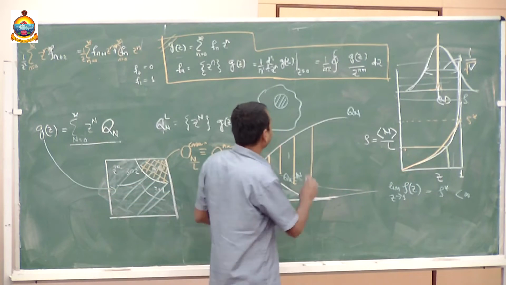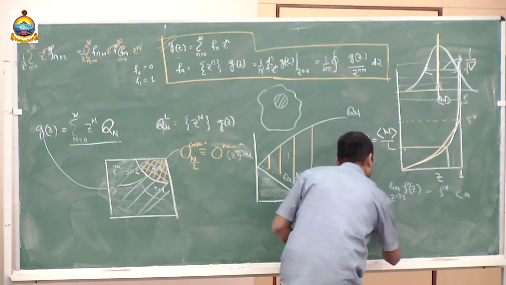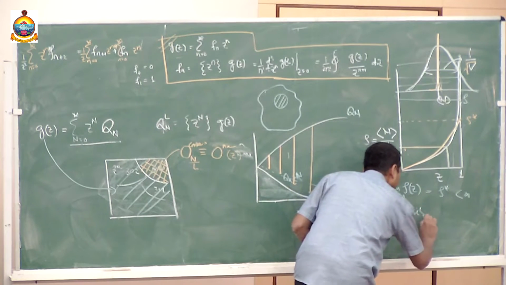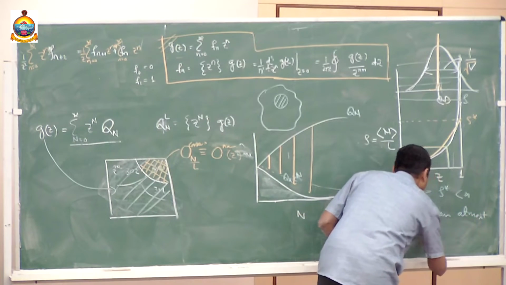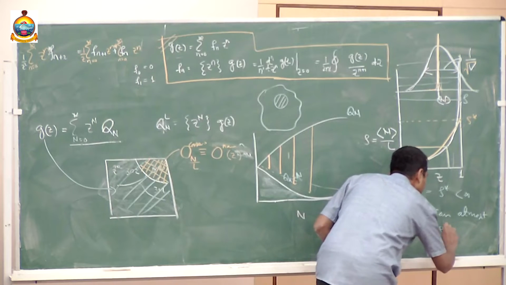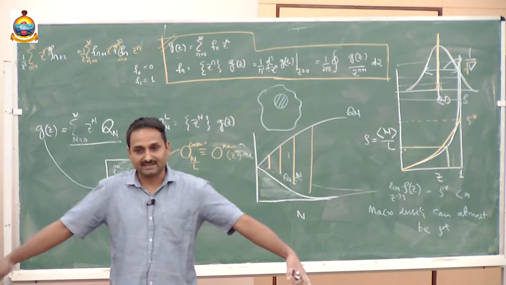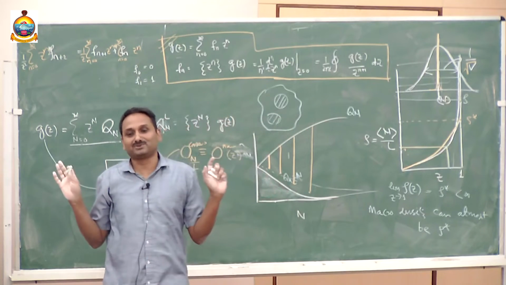So the macroscopic density can at most be rho star. This is the macro density everywhere. If you look at a part of the system, the density cannot be more than rho star.